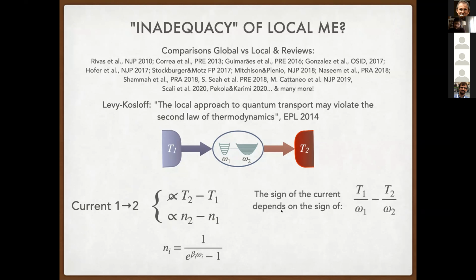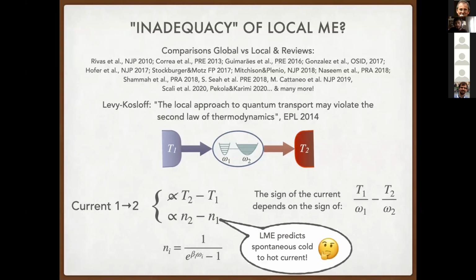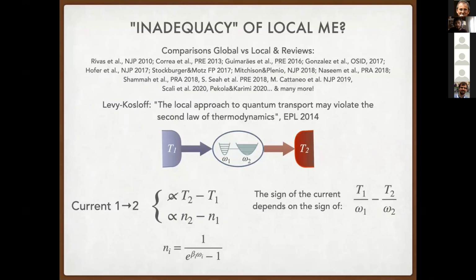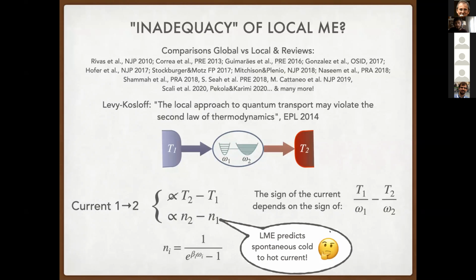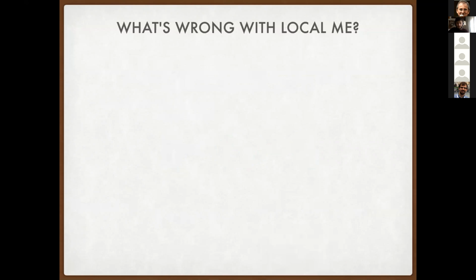Therefore, the sign of the current depends on the ratios of temperatures to frequencies, and if we change the frequency, we can change the sign of the current. So the local master equation sometimes predicts a spontaneous cold-to-hot current, which is quite unusual. Let's see what's wrong with the local master equation.